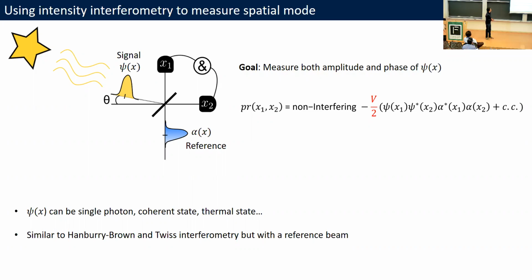So you measure now the joint probability to get a particular x1 and x2 at the output of the beam splitter, and like before, you measure this interference term. This interference term, whose visibility will depend on the photon statistics of the signal and reference. Okay, so you can kind of think of this like Hanbury Brown and Twiss, but we have this external reference beam here.